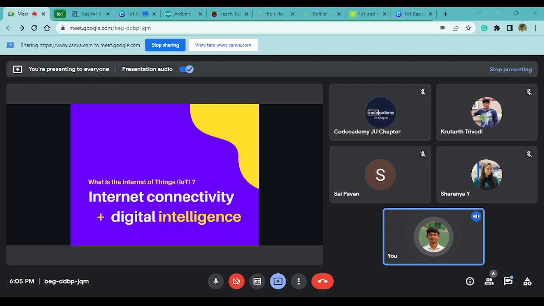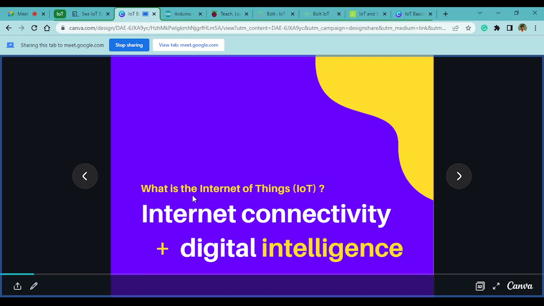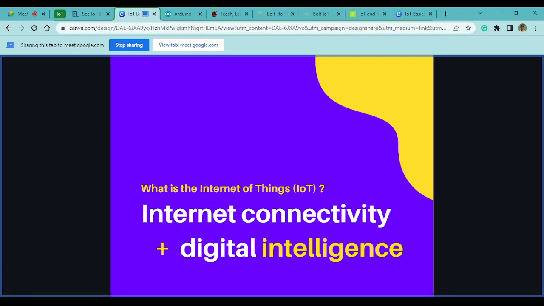Basically what happens is when you want to connect the things towards the internet, you need sensors and actuators. So sensors like what we have in vehicles, like two-wheelers, four-wheelers, while we are parking.